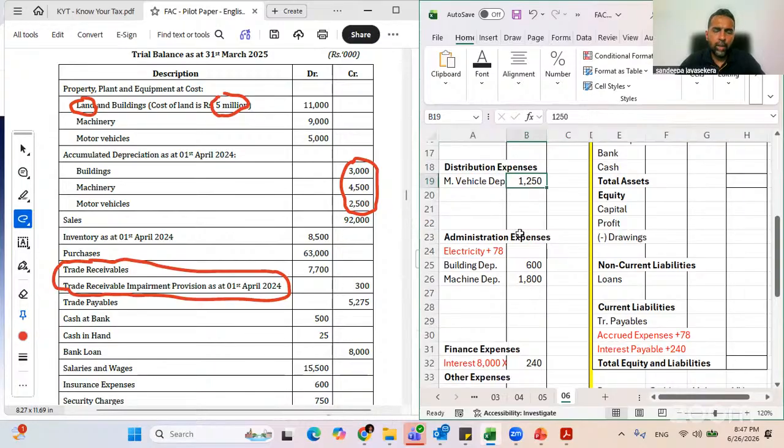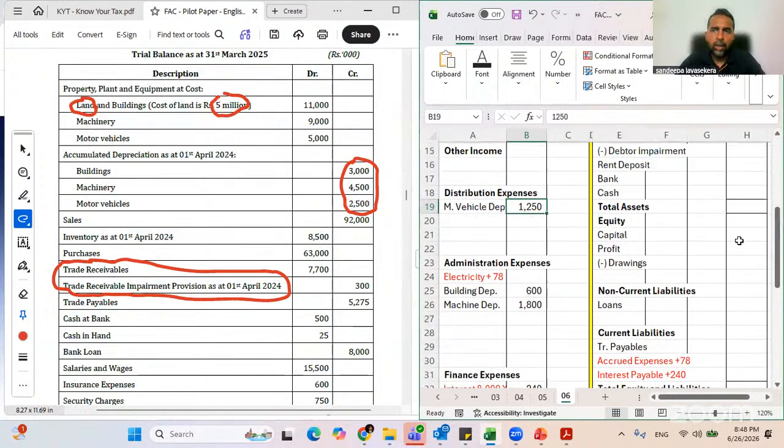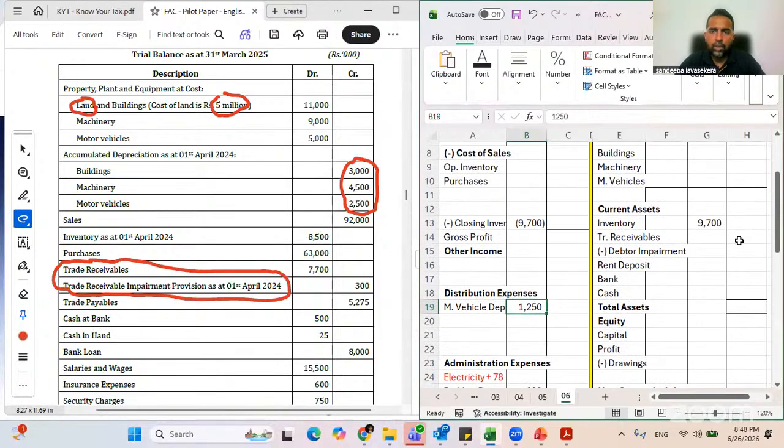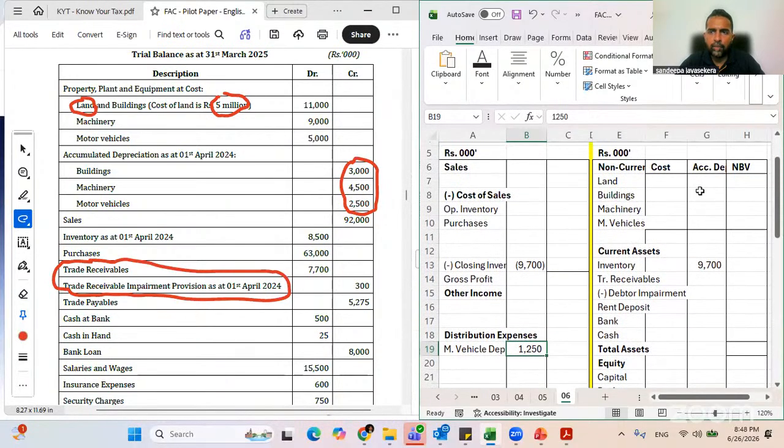So we are recording the depreciation expense here. So on one side of the entry, debited to depreciation expense. And I'm putting the credit entry here to the accumulated depreciation. I'll put it as a plus figure, plus 600, plus 1,800 and plus 1,250.